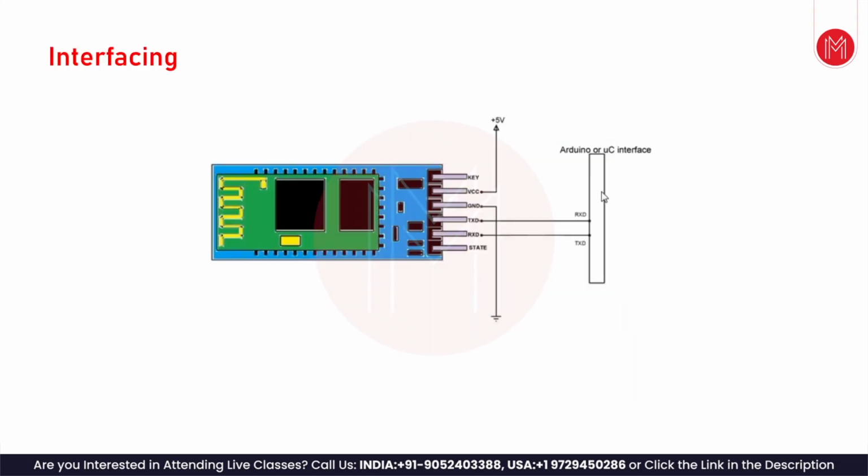This is how the Bluetooth module looks. The way you interface is this is your microcontroller. The RXD and TXD of the microcontroller's UART are connected to the RXD and TXD of the Bluetooth module. Ground is connected to ground, VCC is connected to VCC. If there is an enable pin, it is usually connected to 5 volts or the VCC.